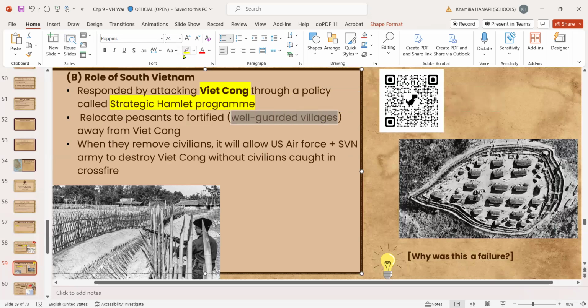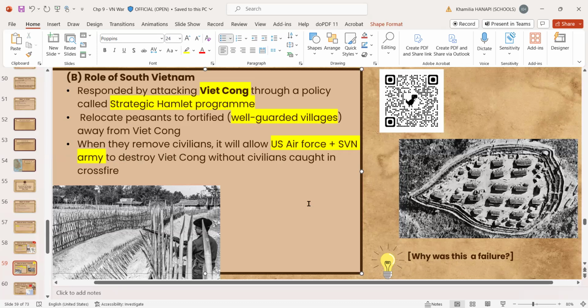The Strategic Hamlet Program is to remove peasants or farmers to places where they can be well-guarded. Now, when they remove civilians, it allows the US Air Force and the South Vietnamese Army to just destroy the North Vietnamese soldiers without civilians caught in the crossfire. I think that was really important.